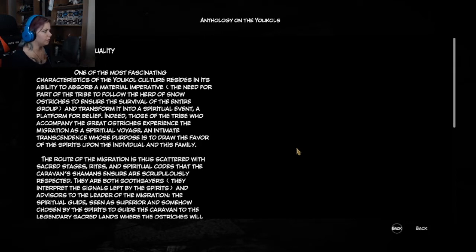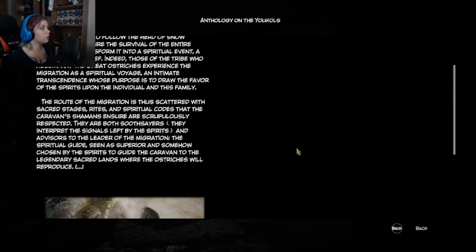Indeed, those of the tribe who accompany the great ostriches experience the migration as a spiritual voyage, an intimate transcendence whose purpose is to draw the favor of the spirits upon the individual and their family. The route of the migration is thus scattered with sacred stages, rites, and spiritual codes that the caravan's shamans ensure are scrupulously respected.